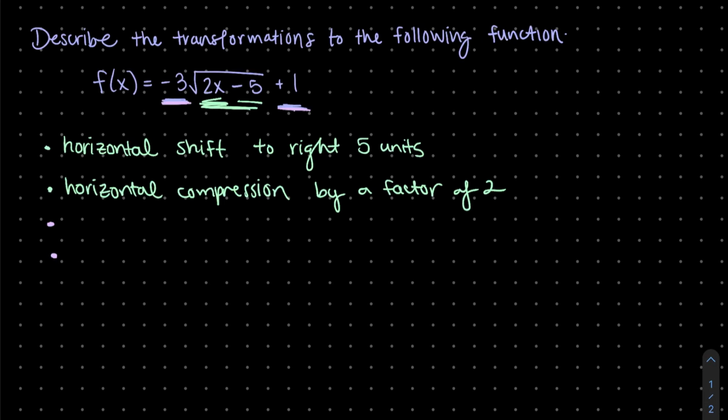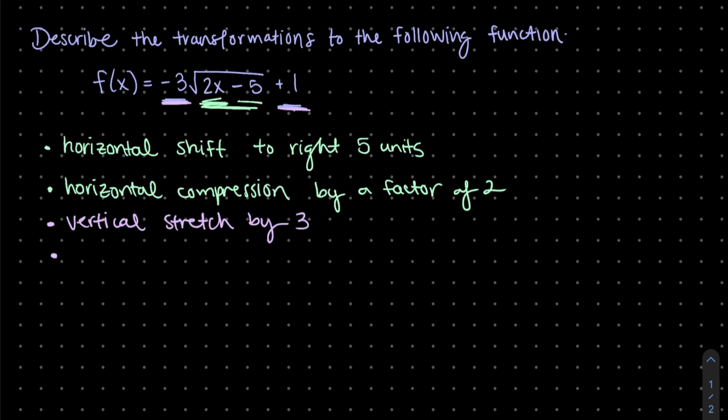The first thing is if we're multiplying it by 3, everything's tripling, so it's stretching. So first we'll have a vertical stretch by 3. And then that negative, multiplying everything by a negative, flips its sign, so it's going to flip the orientation of the function.